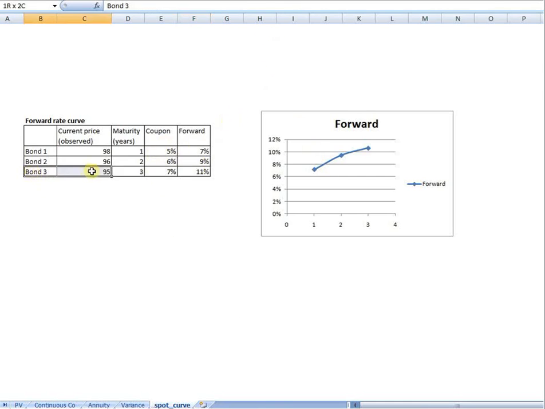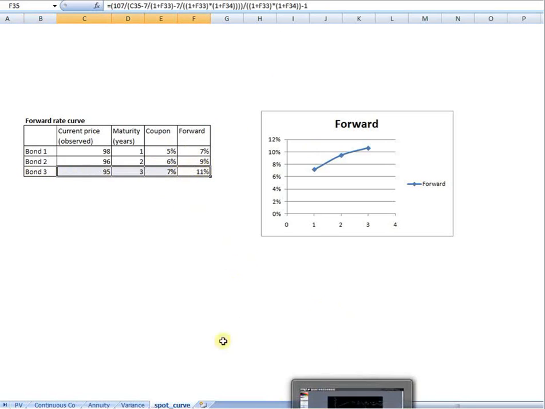And similarly for bond 3, using the same concept. You can solve for bond 3, and I won't be going through it, and obtain 9% for bond 3. Then just plot the curve, showing the time on the x-axis and the yield on the y-axis.